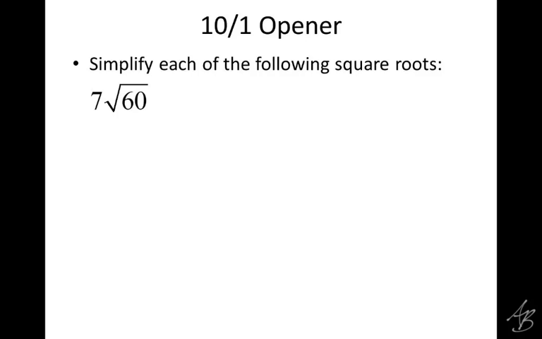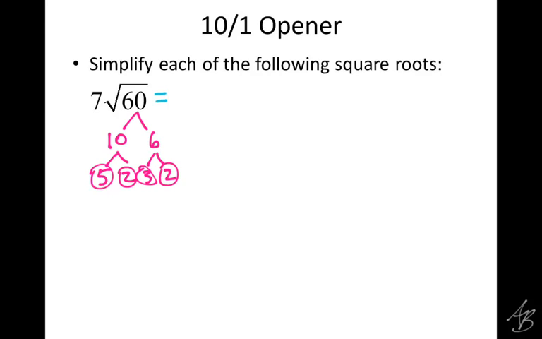All right, last one. Let's factor that 60. Another one that ends in a 0, so we can start with 10 and 6. And then the 10 is 5 and 2. 6 is 2 and 3.